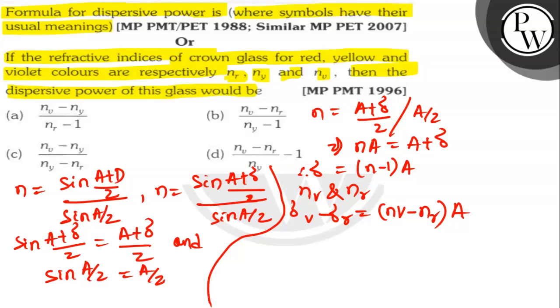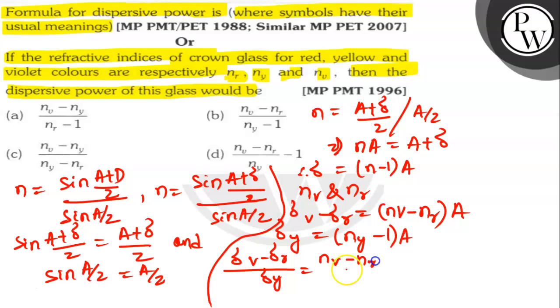So if Ny and delta y are the refractive index and deviation of an intermediate wavelength, yellow, then delta y is equal to (Ny minus 1) into A. When both equations are divided, we get (delta v minus delta r) divided by delta y is equal to (Nv minus Nr) divided by (Ny minus 1).